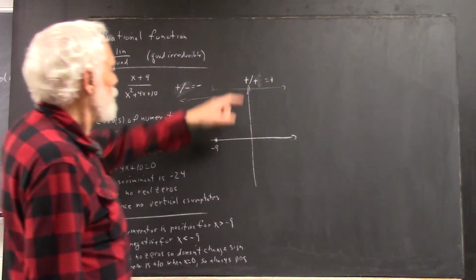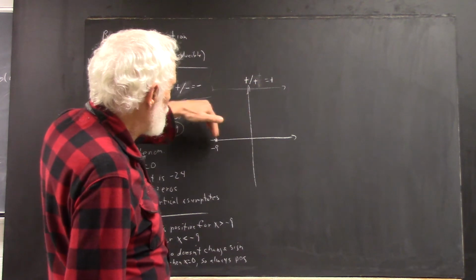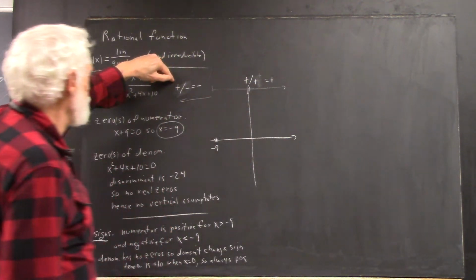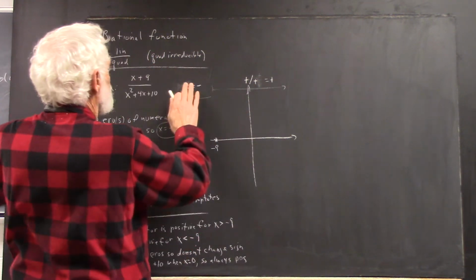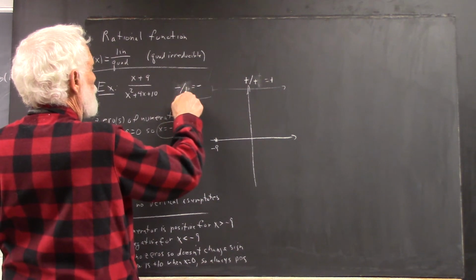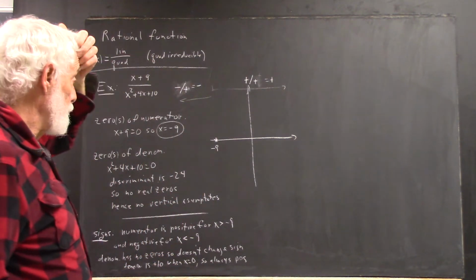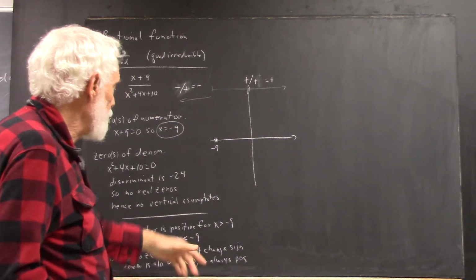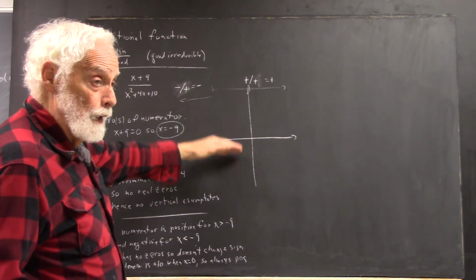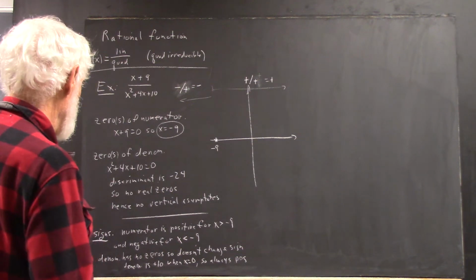Again, numerator and denominator are both positive here; a numerator negative, denominator positive here makes the whole thing negative. So the whole graph is below the axis to the left of -9, above the axis to the right of -9.